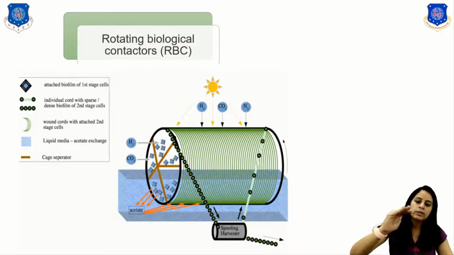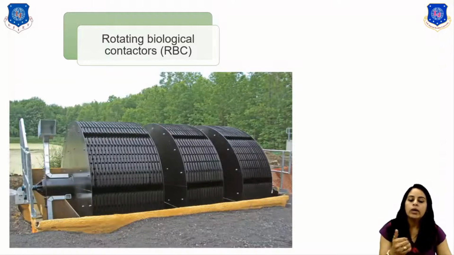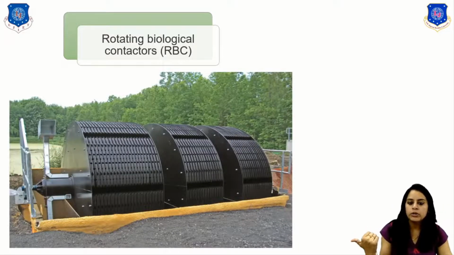They are rotating and you can see that they are partially in the water and partially on the surface, right? At the top of the contactor you can see the oxygen which is provided. Hydrogen, nitrogen and carbon dioxide are there. This is the real time image of the rotating biological contactor, right? You can see that they are partially in the water.